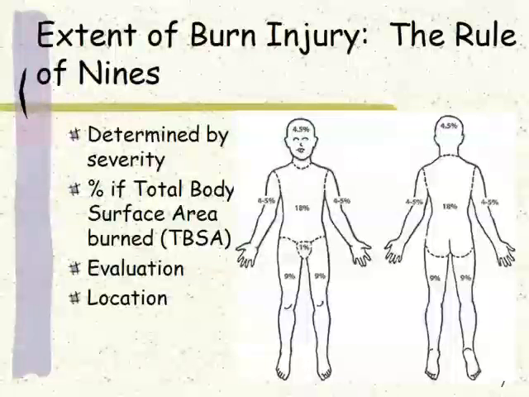You can see on the figures shown in the PowerPoint slide what percentage is allocated to different body parts. For example, the front side of the leg is 9% of your body surface area. The posterior aspect of the leg is also 9%. So each leg would be 18% of the total body surface area.